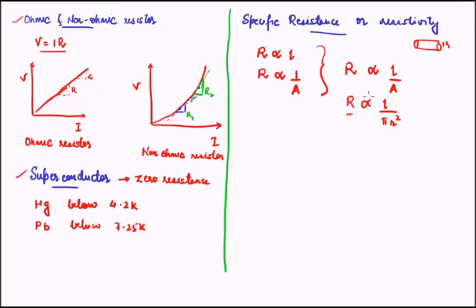So we can replace this proportionality with equal to by introducing a proportionality constant, and that proportionality constant is known as specific resistance or resistivity. Let's introduce the proportionality constant. R is equal to, I will use this convention, rho. This is our specific resistance. I will introduce it in detail. L, length upon area.